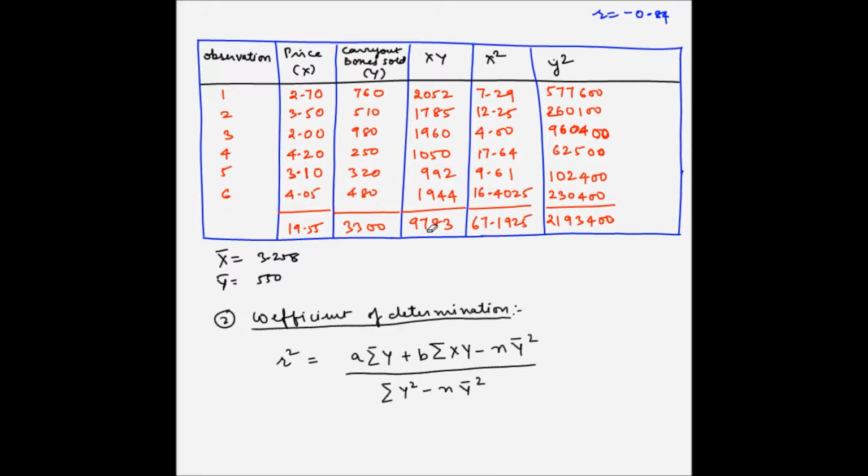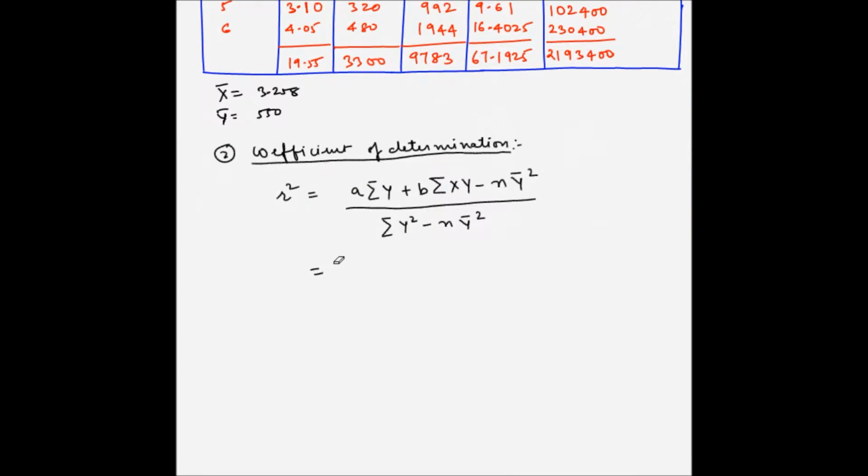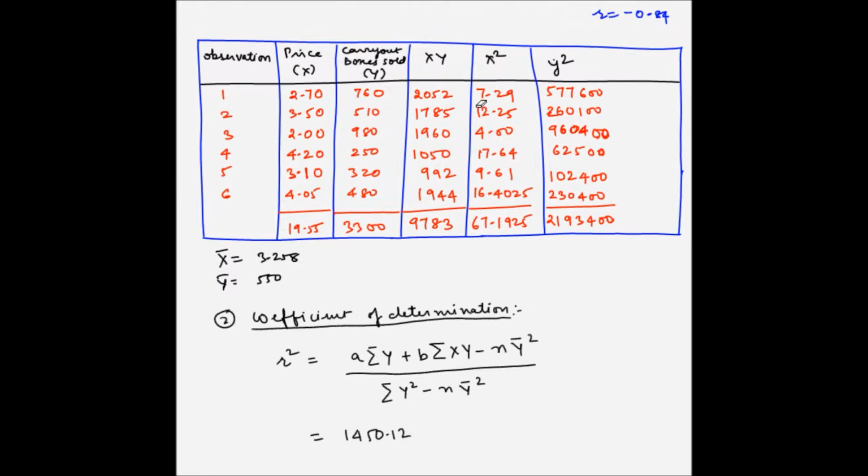Now we have all these values, so let me plug in these values. A was 1450.12, sigma y is 3300, B is minus 276.28, multiplied by sigma xy, which is 9783, minus n, which is 6, multiplied by y bar square.